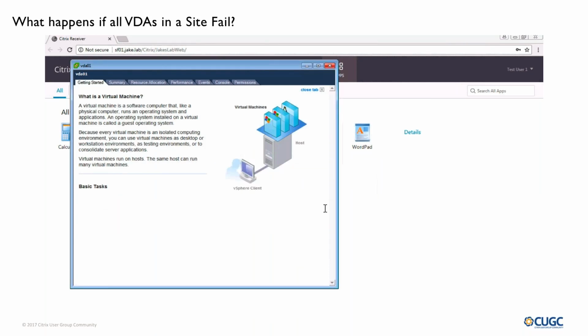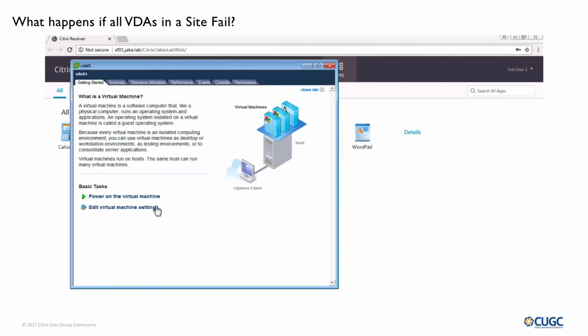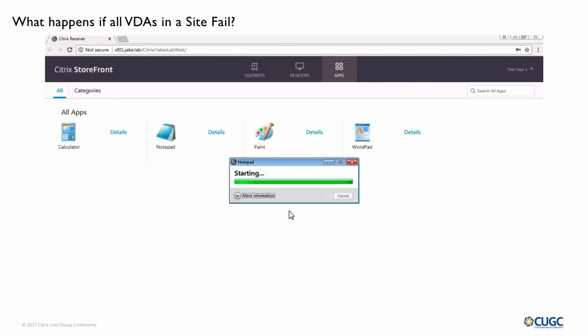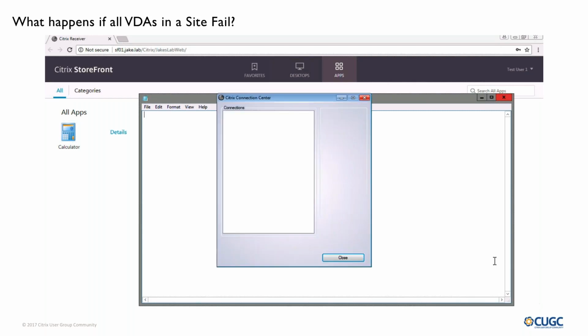I'm now going to shut that virtual machine down. Now what's interesting here is that even though that's shut down, and you can see it's not running at all, if we then go and re-click on Notepad, what then happens is StoreFront contacts the delivery controllers in Site A, requesting the resource. They then respond saying that they don't have a resource available. StoreFront will then deduplicate the resource it's got from Site B and present that to the end user.